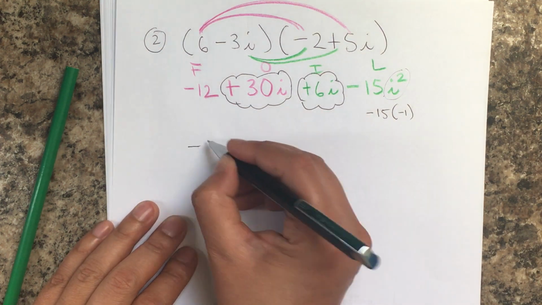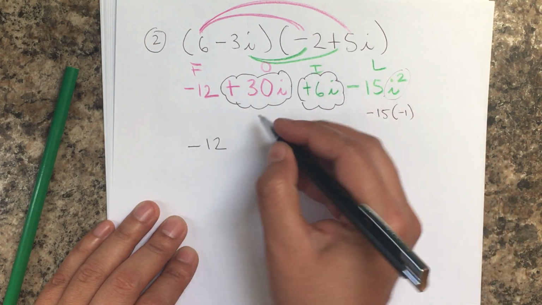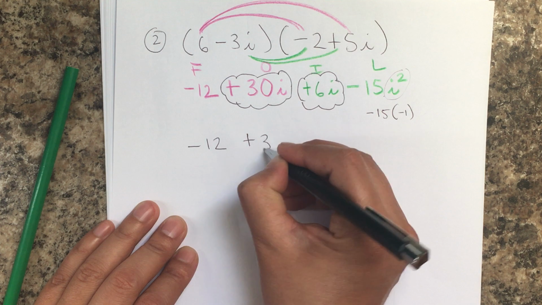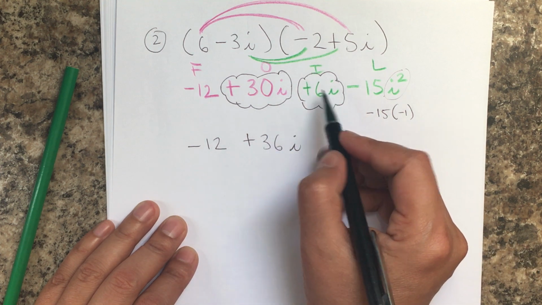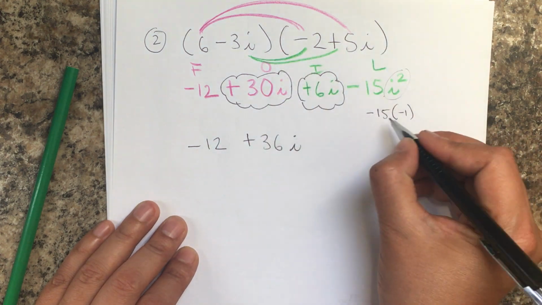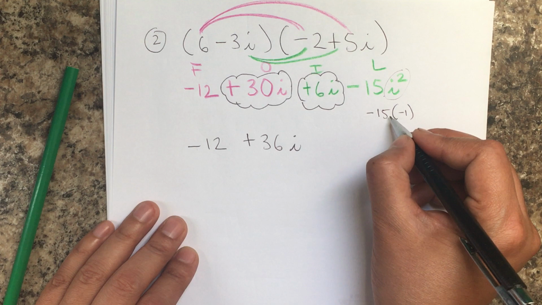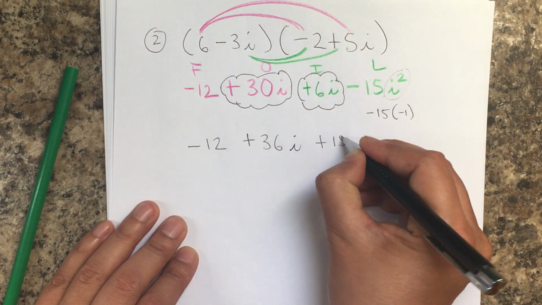So I bring down the negative 12. I combine these like terms. Both are positive, so it's just positive 36i. We're adding them, so we don't add the exponents, okay? Only in multiplication. And then from here, we get negative 15 times negative 1 is positive 15.